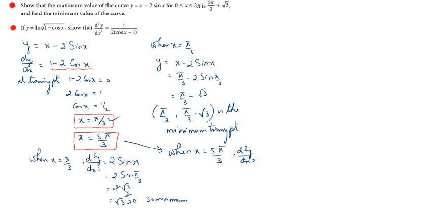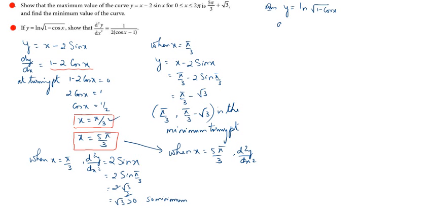If y is equal to ln root 1 minus cos x, you have to show that d squared y by dx squared is equal to 1 by 2 into cos x minus 1.